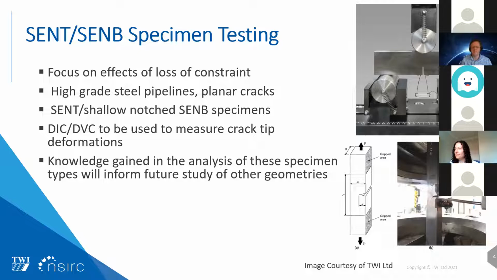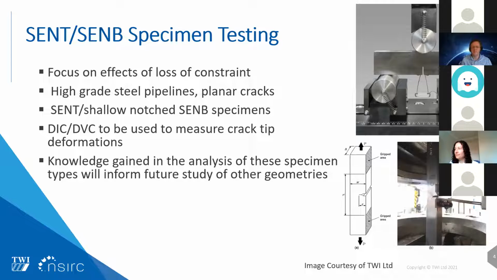Annex N of BS 7910, for example, describes methods of including constraint effects in the analysis of metallic structures containing flaws, so that the crack tip constraint in the test specimen closely matches that of the structural component that is to be tested, such as in pipelines. It is also known that experiments conducted usually assume that the actual stress intensity factors are in good agreement with theoretical solutions.